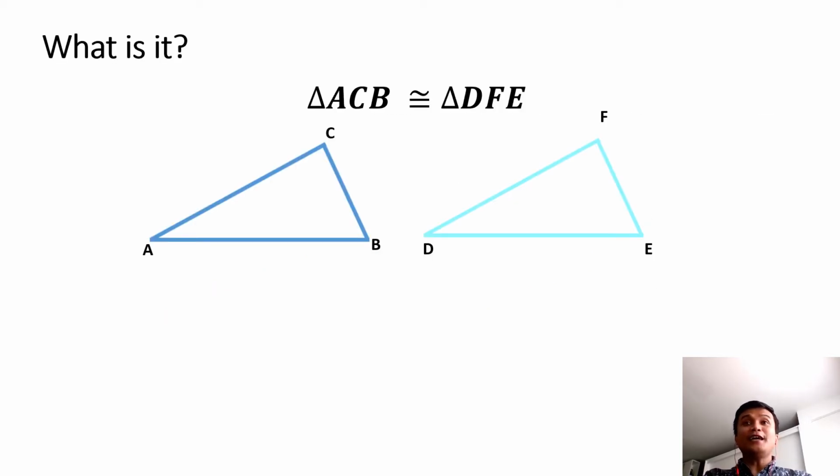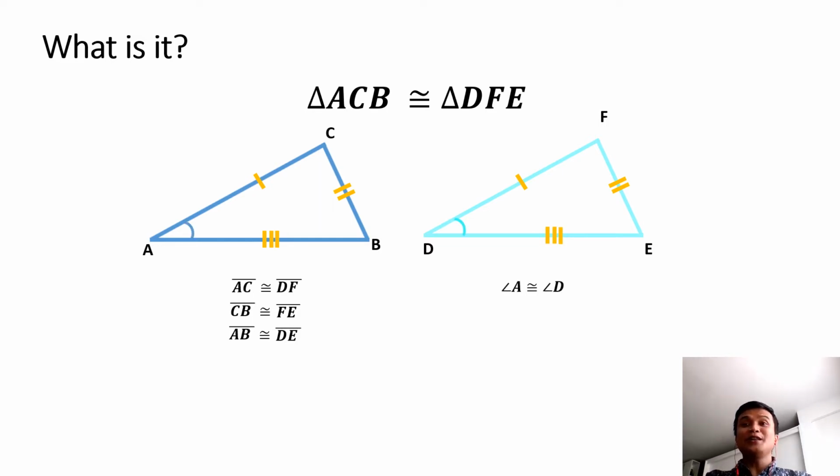Let's explore more about these two triangles. If triangle ACB is congruent to triangle DFE, then segment AC is congruent to segment DF. Segment CB is congruent to segment FE. Segment AB is congruent to segment DE. How about angle A?